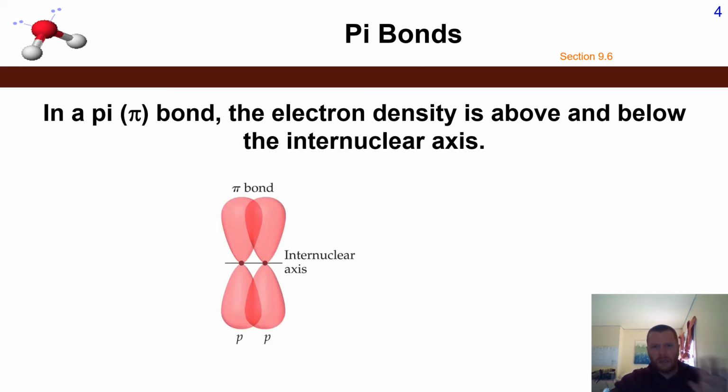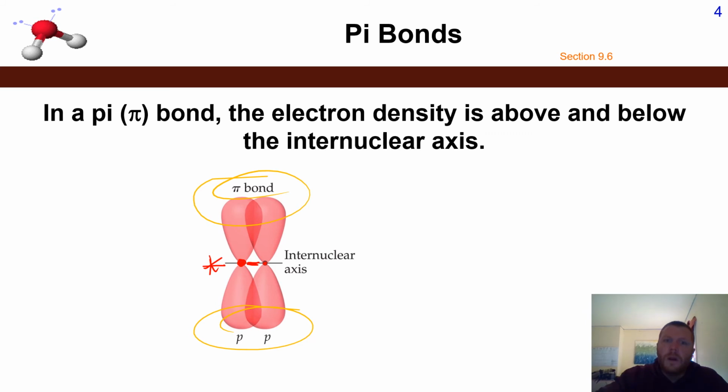Okay, so now we look at this. We've got our internuclear axis where we have a pi bond. We have sharing of electron density above and below the internuclear axis. I'm going to go ahead and draw a little X here. That's our internuclear axis. This is a nucleus, this is another nucleus, and we've got electrons being shared between those two.